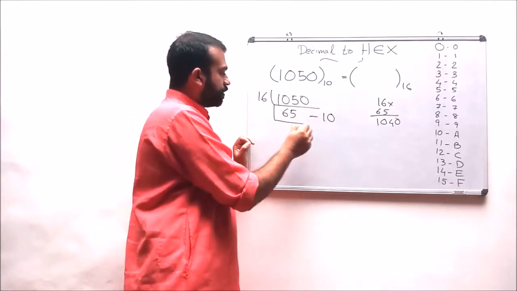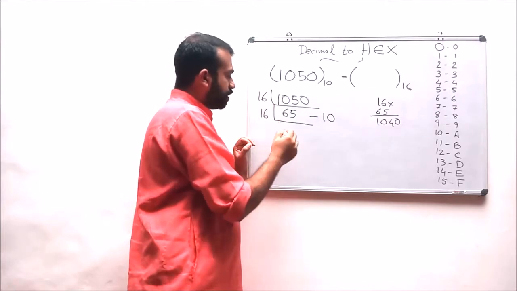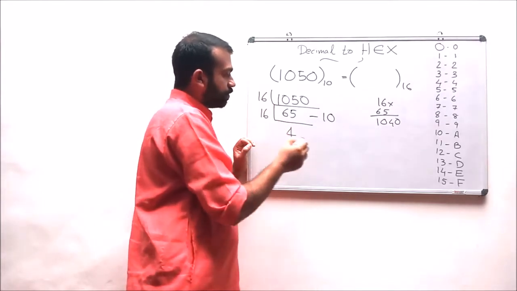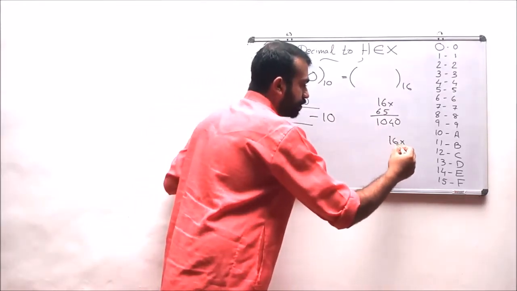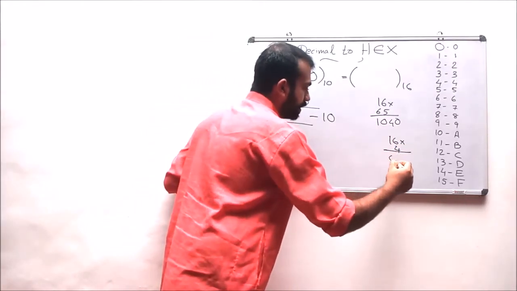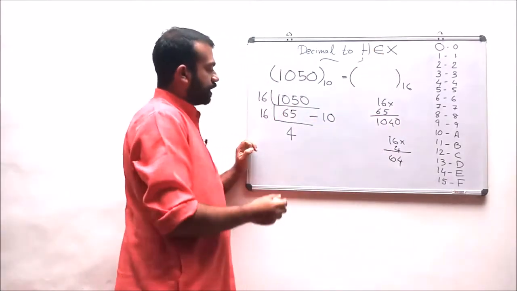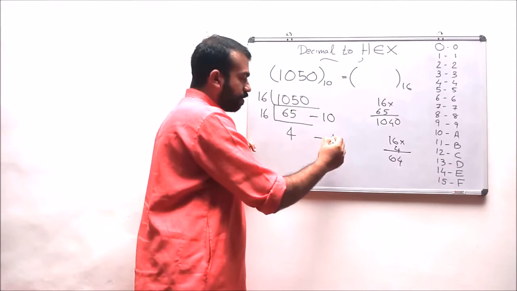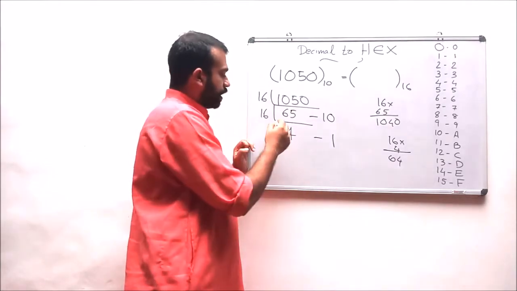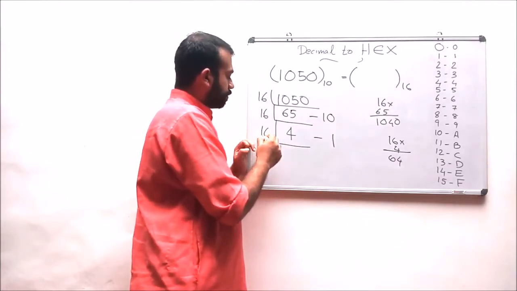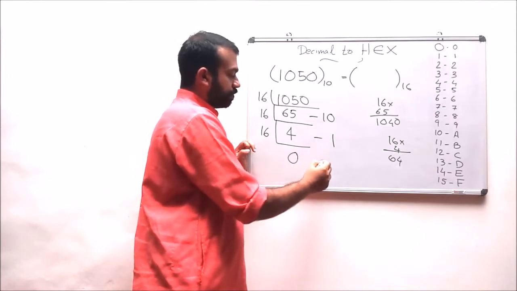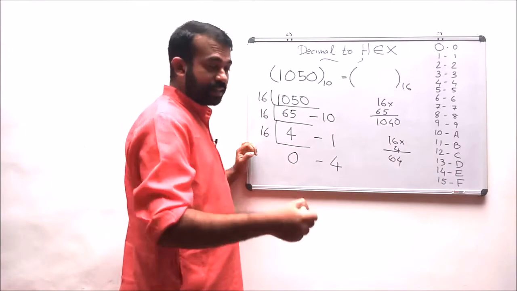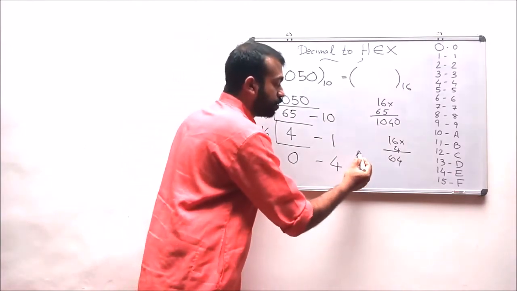This 65 is again divided by 16. 16 into 4 results in 64, so the quotient is 4 with a remainder 1. And when this 4 is divided by 16, the quotient is 0 with a remainder 4. The final answer is taken in the order bottom to top.